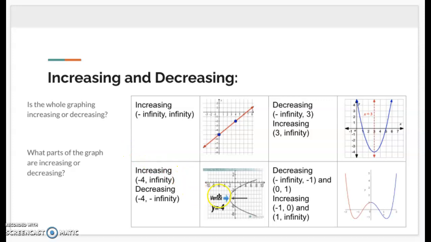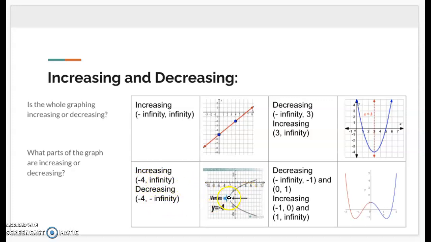My third graph here is sideways. So if I am reading it from left to right, from the left, I hit this point. From this point, going up it increases, going down it decreases. I'm going to use my y here since we're dealing with a sideways graph.